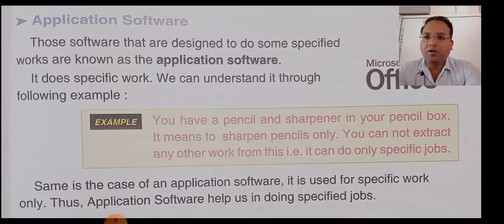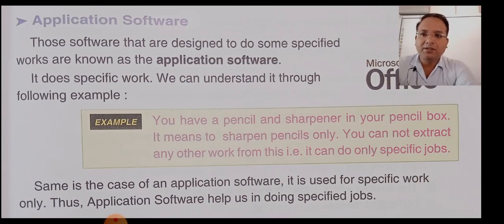Now next, application software. Those software that are designed for some specific works are known as application software. So application software is used for a specific work. We can understand it through the following example. You have a pencil and sharpener in your pencil box.